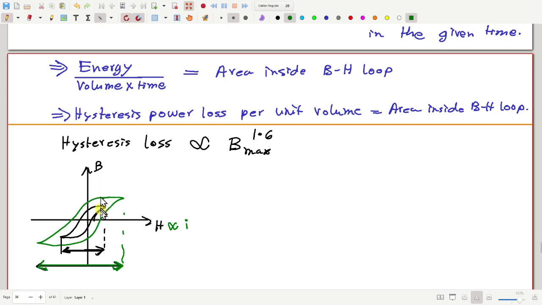Now will the height of this graph, this height, also be twice that of the previous height? That means this black height. Will it be twice?